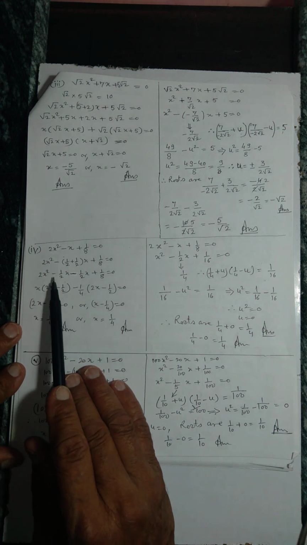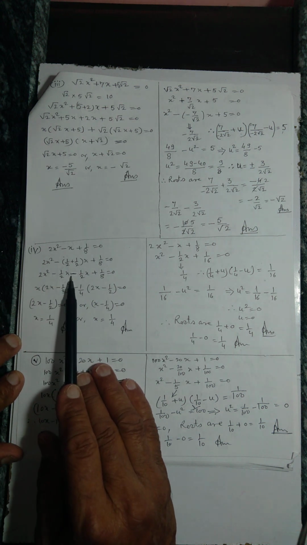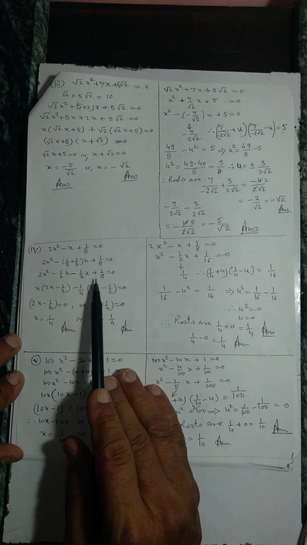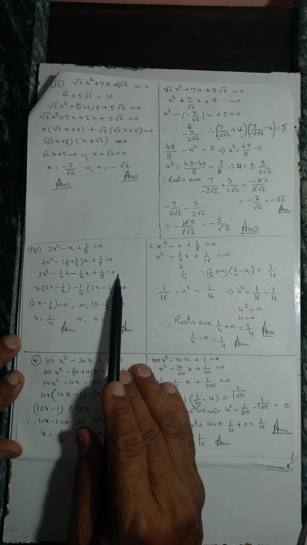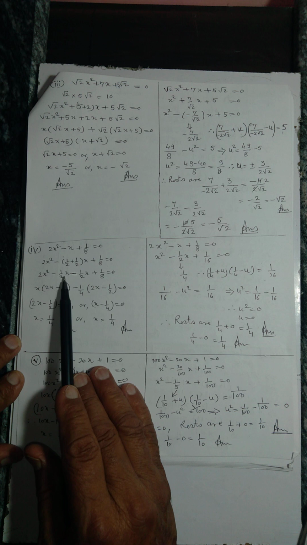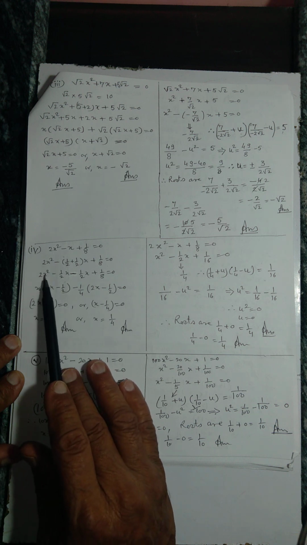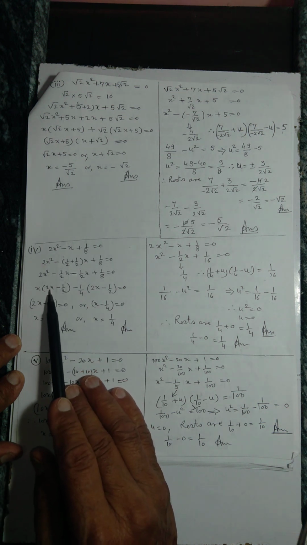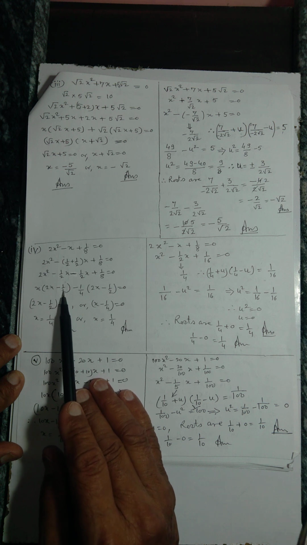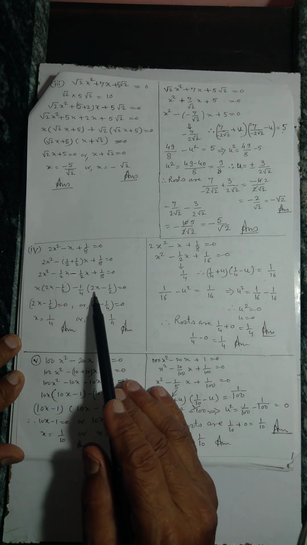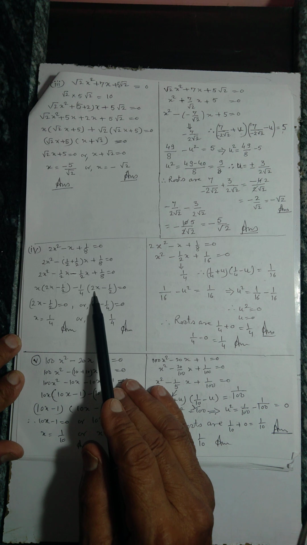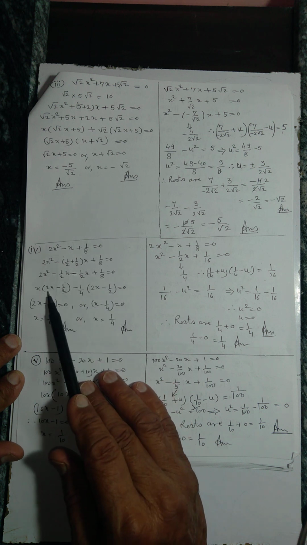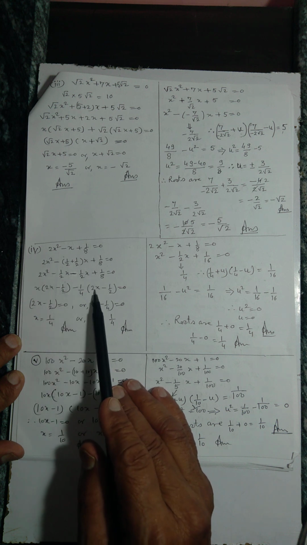So 2x square minus 1 by 2 x minus 1 by 2 x plus 1 by 8 equal to 0. You see, you can take x common from these two places, first and second term. Inside the bracket you are left with 2x minus 1 upon 2. To get 2x and here 1 by 2, I was fully aware that there should be 2x.